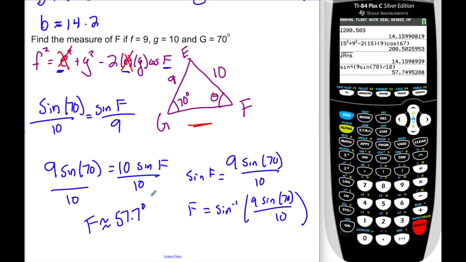And the reason that makes sense is because, okay, if 9 is smaller than 10, then the angle across from 9 should be smaller than the angle across from 10, because an angle measures the openness of these two sides, right? This is what we call the included angle. It measures how open these two sides are.